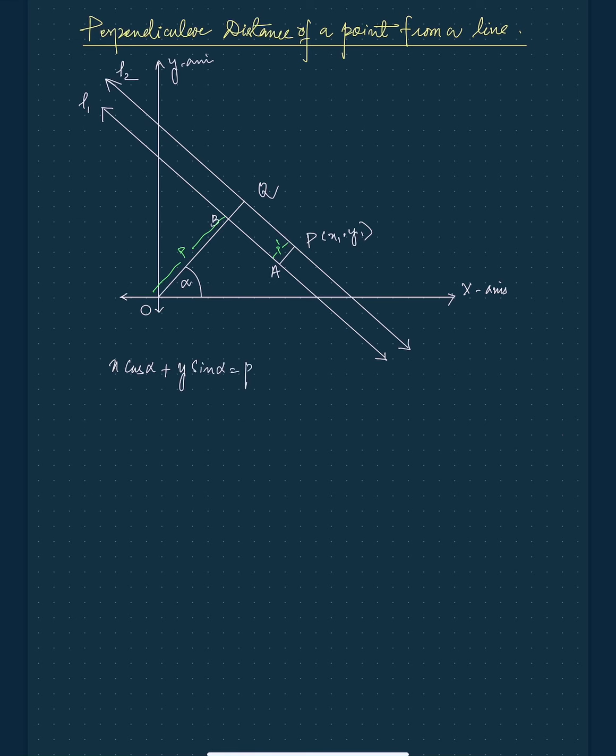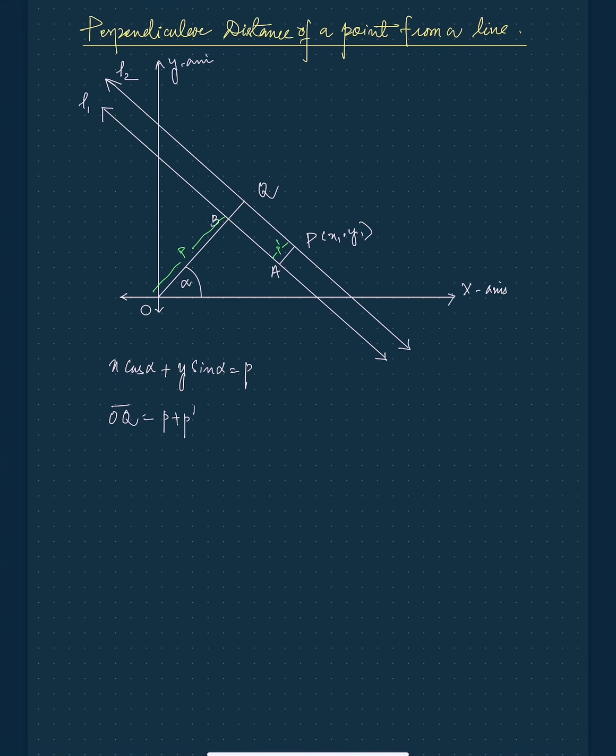But if I extend this line from O to Q, up to this distance it is p, but from here to here it is p dash. So OQ will be p plus p dash. Okay, OQ will be p plus p dash.